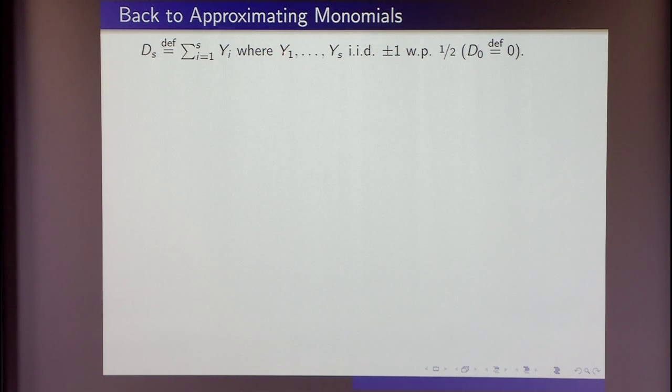Imagine picking IID random variables, identically and independently distributed, which are plus 1 and minus 1 with probability half, and let D sub S be the sum of these y_i's. Another way to think of what D sub S is: imagine you start a random walk on a line of integers at 0, and with probability half you go right, and with probability half you go left. So D sub S is your unsigned distance from the origin.